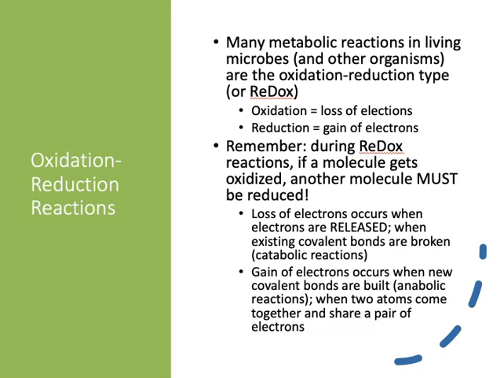During these oxidation-reduction reactions, if one molecule gets oxidized, if it loses electrons, then another molecule must be reduced. It has to gain electrons. Those two processes always go together. Oxidation cannot occur without reduction, and vice versa. The loss of electrons occurs during catabolic reactions, when electrons are released because covalent bonds are being broken down.